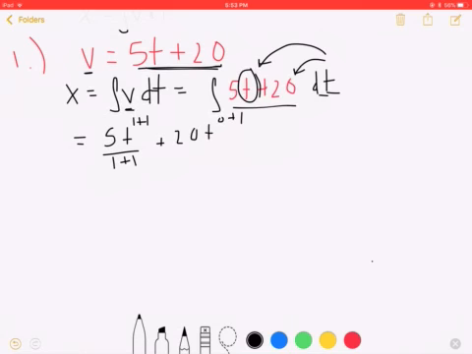Plus 1 divided by 0 plus 1. So let's simplify. So t to the 1 plus 1 plus 1 is 2, I'm going to have t squared.